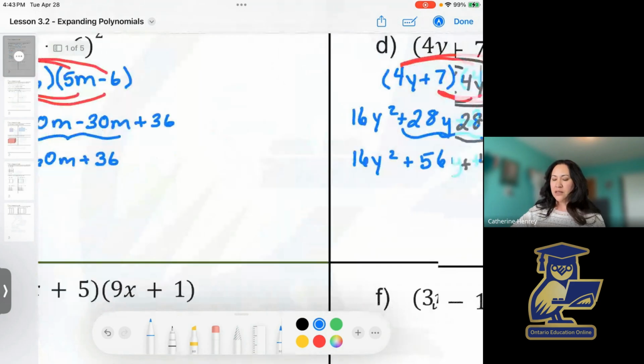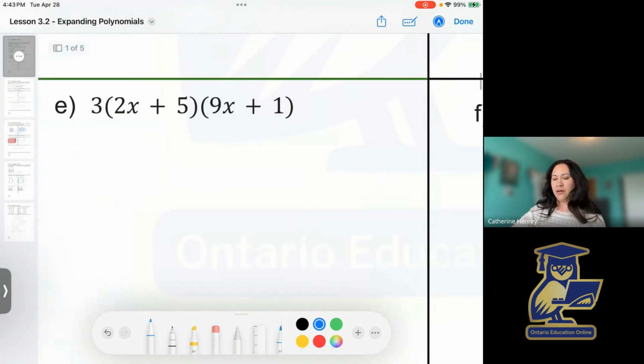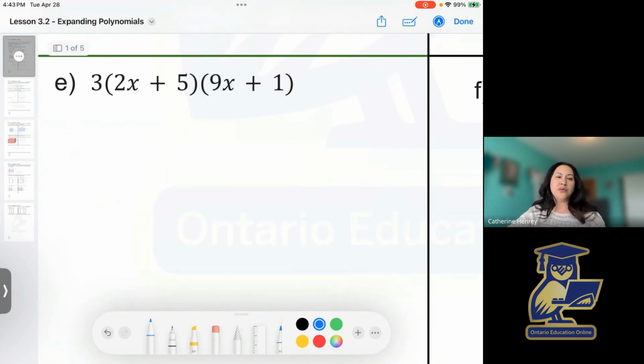Now let's take a look at something that we have here. We have 3 out in front, so 3 times 2x plus 5 times 9x plus 1. One of the things I like to do here is just clear out that first coefficient. So we use the distributive property here, and I'll distribute the 3 into the first bracket. Now this is all multiplication, so we can't multiply 3 by the first bracket and then 3 by the second bracket, because essentially then we'd be multiplying by 9.